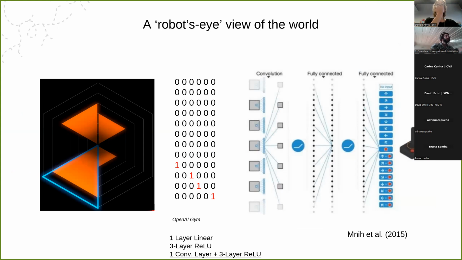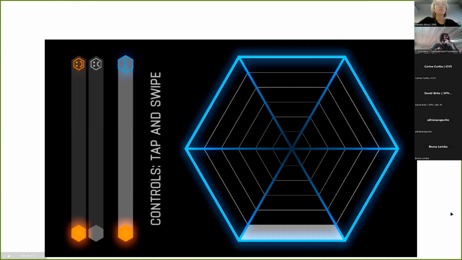And for the rest of the presentation, while we did run this on several types of agents, I will show you data from a single convolutional layer plus 3-layer ReLU agent, which I'm happy to discuss in further detail at the end of the presentation if you so desire. We chose this agent because, while results were marginally equal to all the other agents, they were the fastest agents at solving the task.